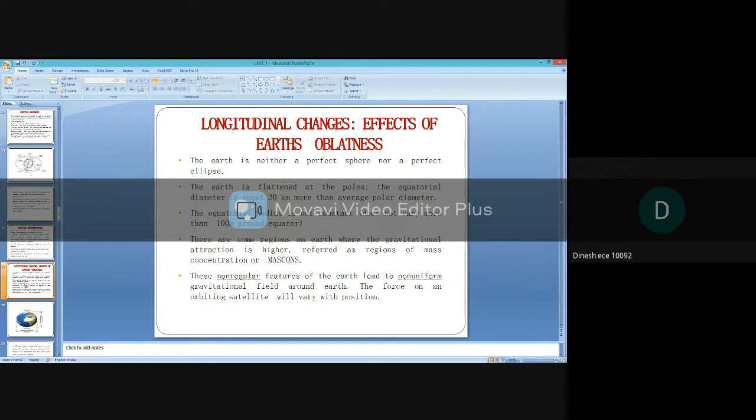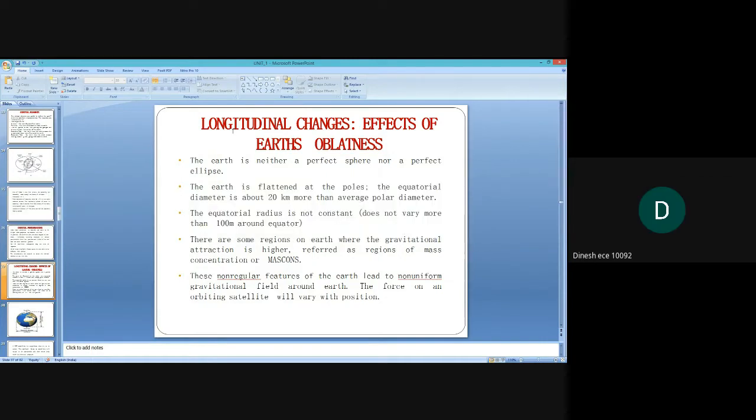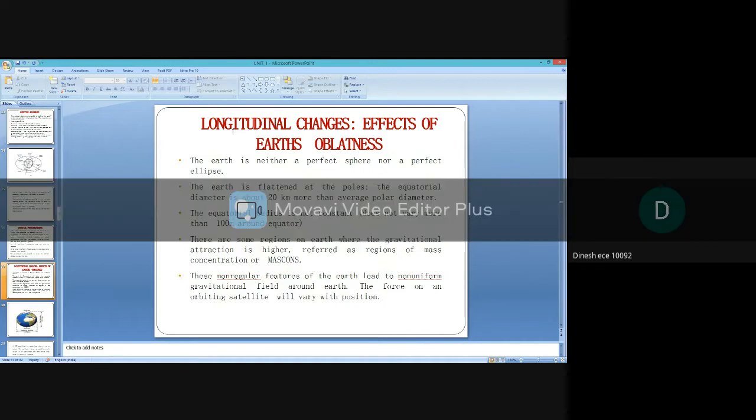So the Earth is not a perfect sphere nor a perfect ellipse. Due to the Earth's obliqueness, the area of coverage of the satellite is to be considered. This leads to the longitudinal changes, which are a main effect of the Earth's obliqueness.